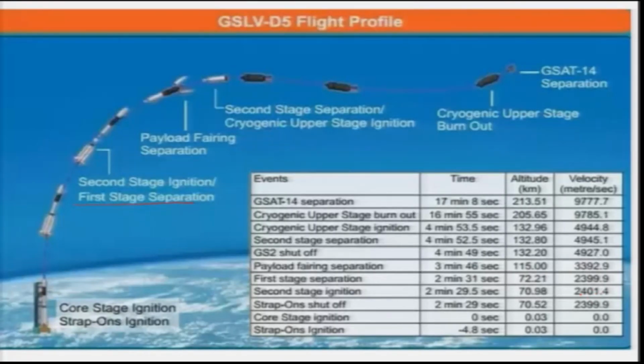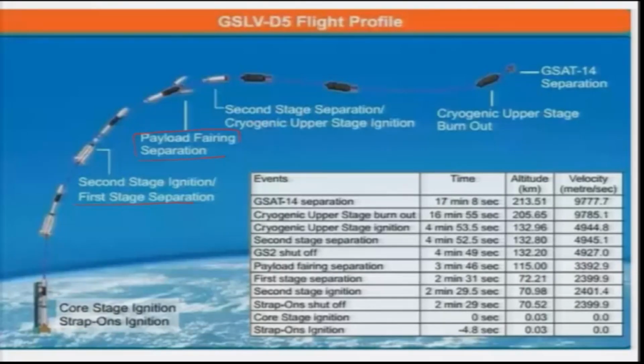There is only a little gain, but after this it will gain more. The payload fairing will be separated out at around 3 minutes 46 seconds at an altitude of 115 kilometers, with a velocity of about 3393 meters per second.